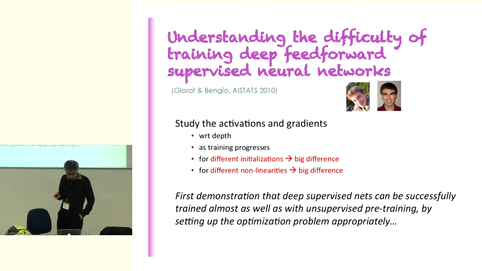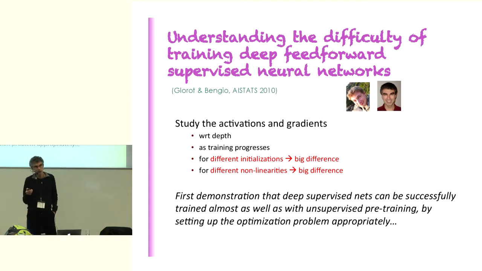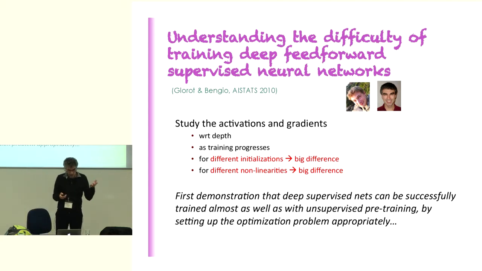So one thing that happened, kind of a breakthrough, happened in 2010. Until then, we had only these unsupervised pre-training procedures for training deep nets. We found that actually you could train a deep supervised feed-forward network simply if you played with the activation functions and the initialization. So we used rectifiers, and that was the first time they were used in these deep supervised networks.